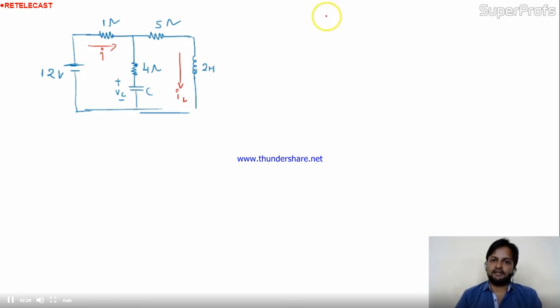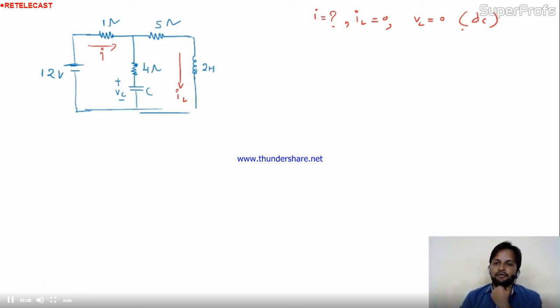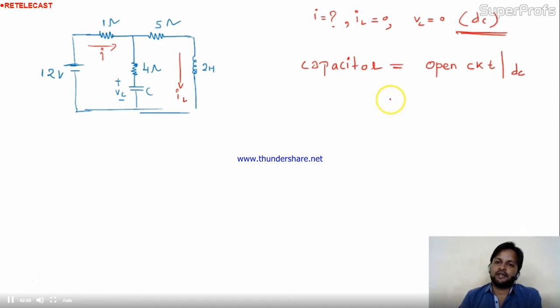Now our question is, what is the I, what is the IL, what is the VC? And for the DC condition, they are saying complete DC condition. As I told you, for the DC, what is the nature of the capacitor? Capacitor is open circuit for the DC. Why? Because we have seen the capacitive reactance Xc is nothing but 1 by j omega c.